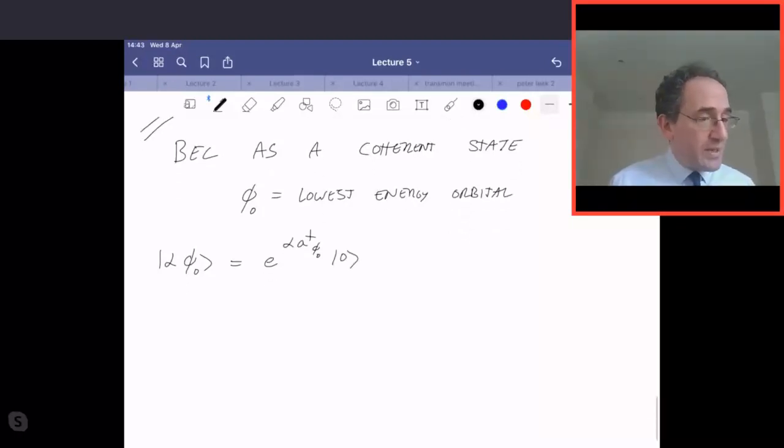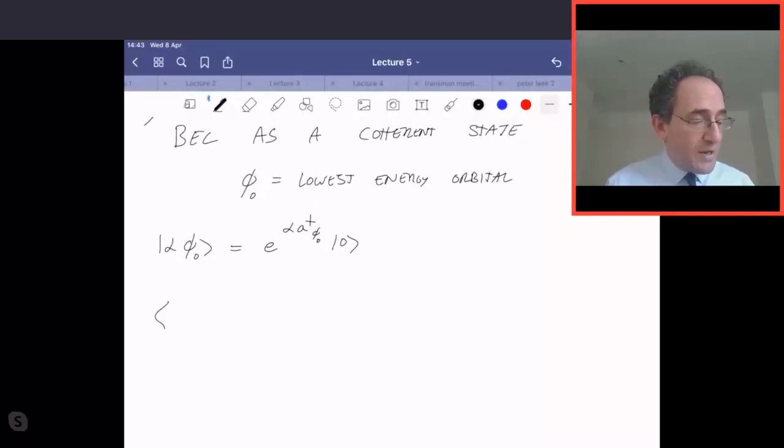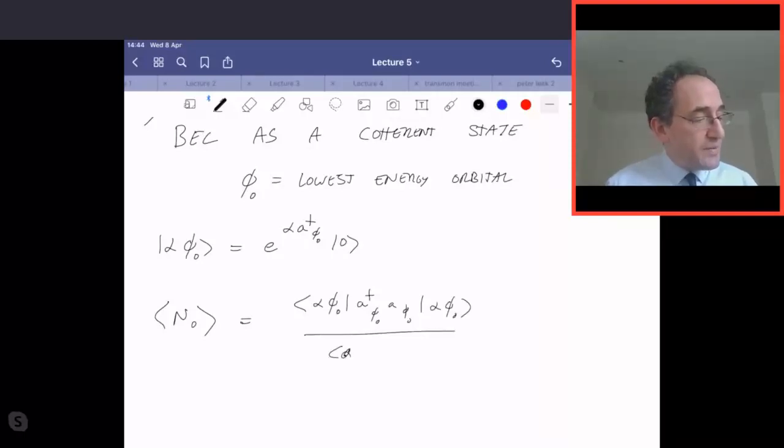Now, basically repeating the calculation we did before, we can calculate the number of particles in that lowest orbital. That will be alpha phi naught, a dagger phi naught, a phi naught, alpha phi naught, divided by the normalization, alpha phi naught with alpha phi naught.